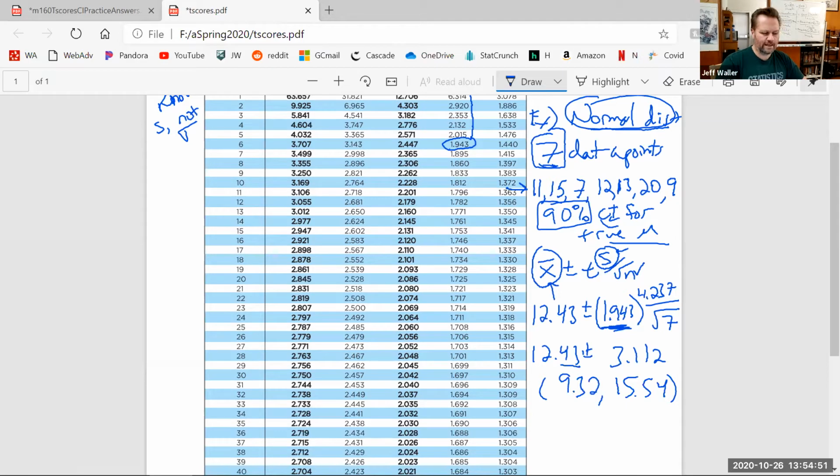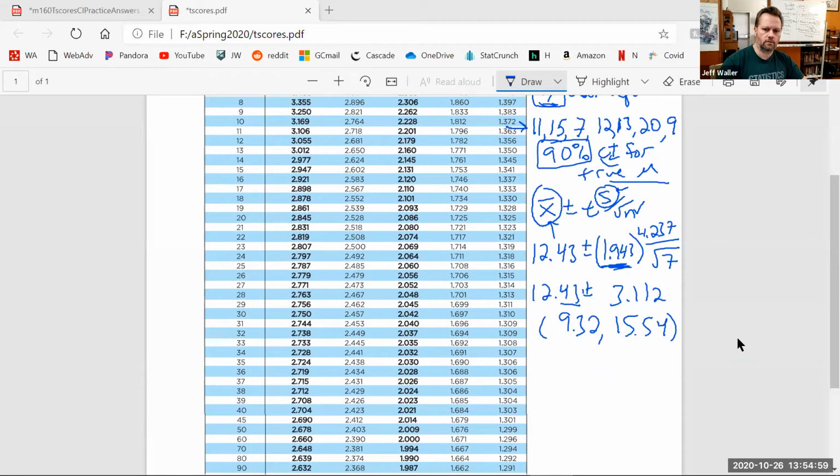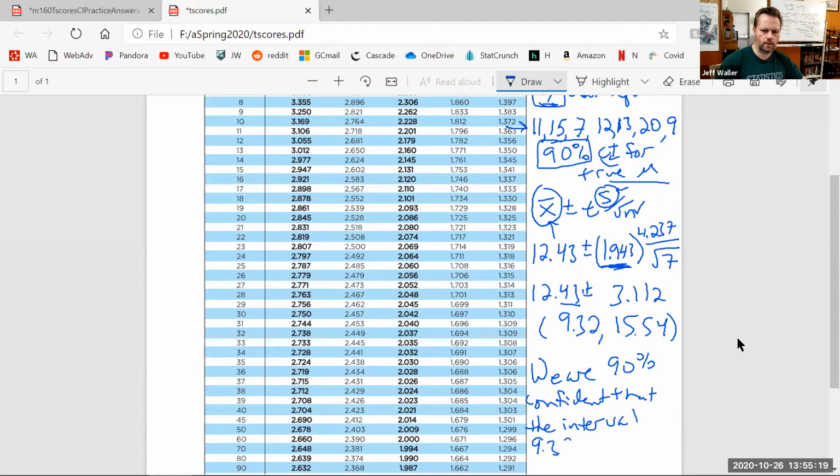And then the last thing I need to do is write my conclusion. So we are 90% confident that what? That the interval 9.32 to 15.54 contains the true mean of the population.